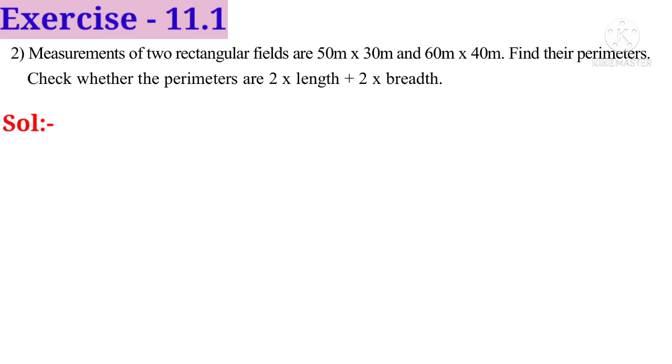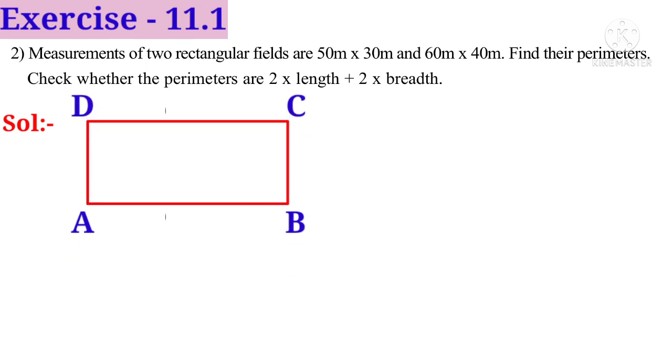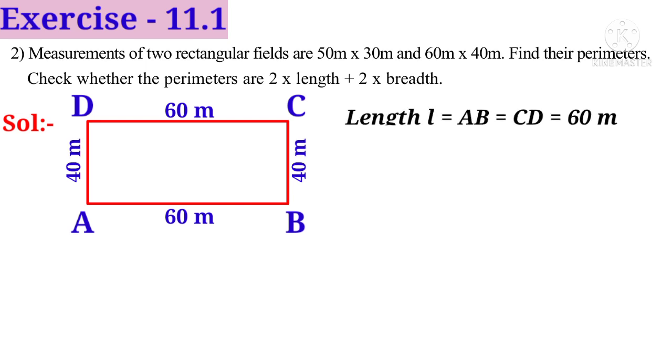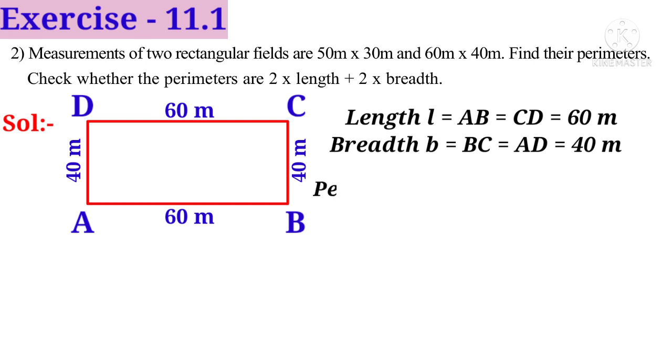Now second, take the rectangular field ABCD. Now length is 60 meters, breadth is 40 meters. So length L is equal to AB is equal to CD is equal to 60 meters. Breadth b is equal to BC is equal to AD is equal to 40 meters. Now perimeter is nothing but P is equal to AB plus BC plus CD plus DA.